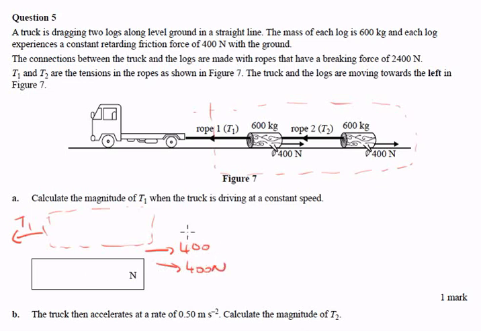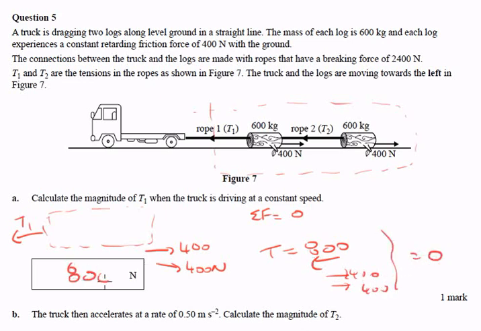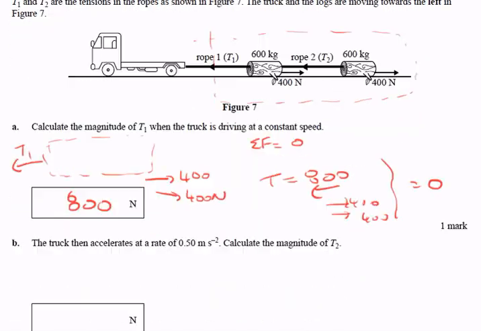And when everything's going at a constant speed, the total force equals 0. And if these are pulling backwards within the system 400 each, then this must be pulling forwards with 800 to cancel it out. Forwards to cancel out my 2 400s backwards to give me equals 0. So the tension, the first one must be 800.